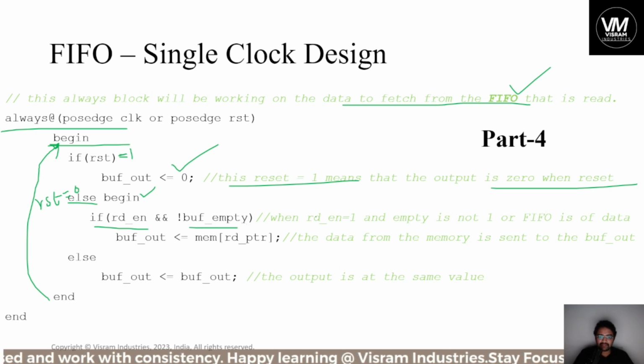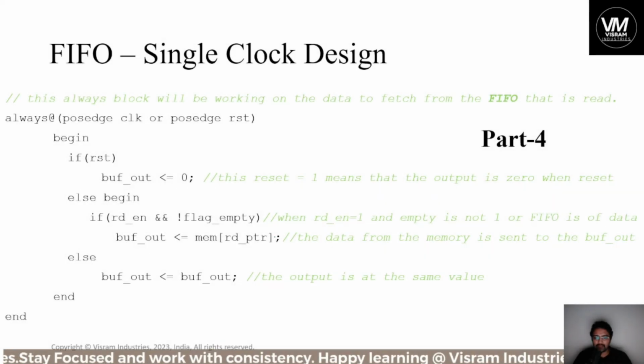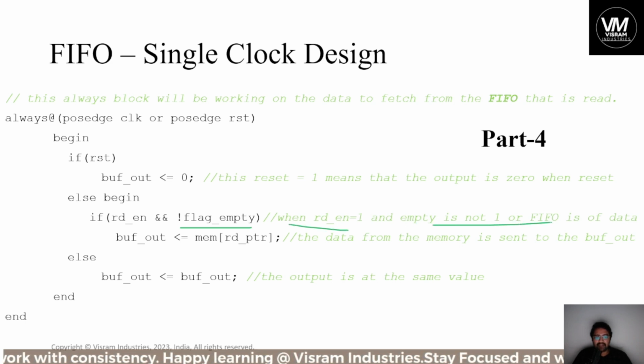That means when read_enable is 1 and empty is not 1, this can be flag empty. And you can see read enable and empty is not 1, so the FIFO has data. So now it is not empty, some data is there.